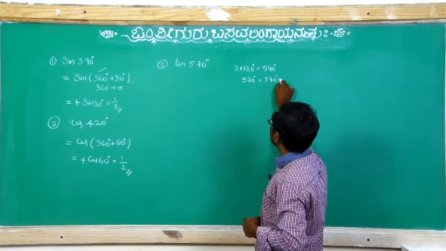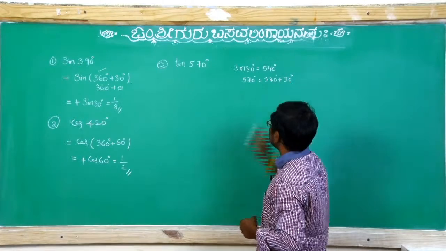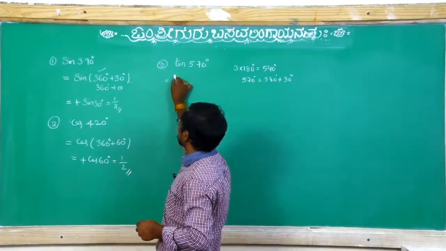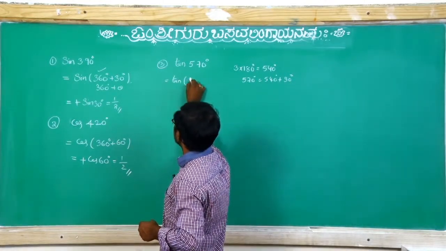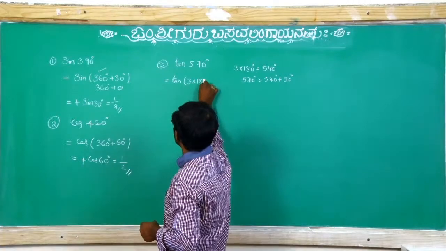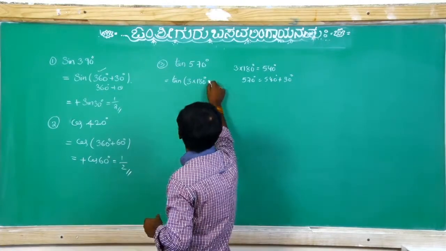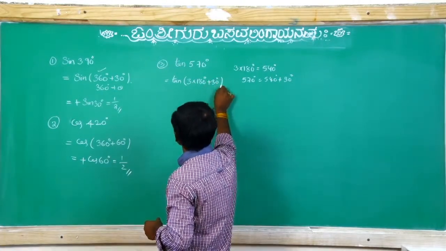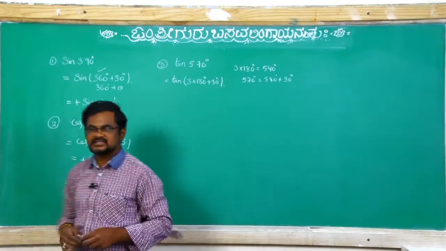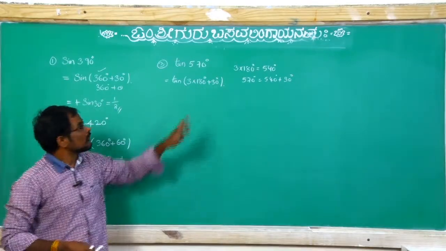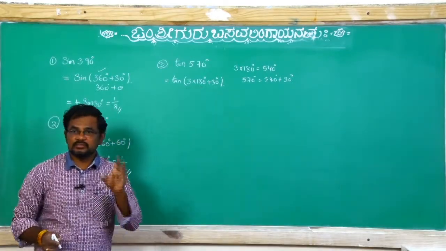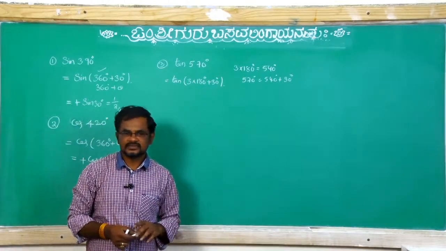540 plus what? 30. That is equal to tan of 3 into 180 degrees plus 30 degrees. Odd multiple of 180 is there, right?